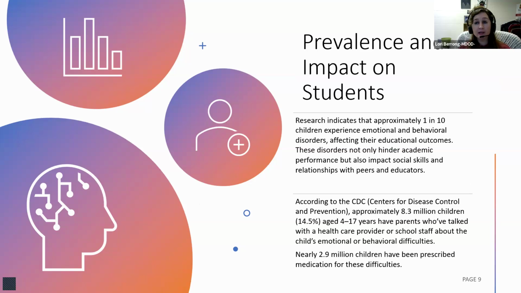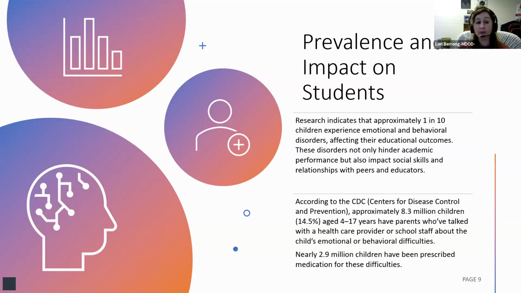So the prevalence and the impact on students. Research has shown there's about 1 in 10 children experiencing emotional behavioral disorders. These can not only hinder academic performance, but also pretty profoundly impact social skills, relationships with peers, and relationships with educators.